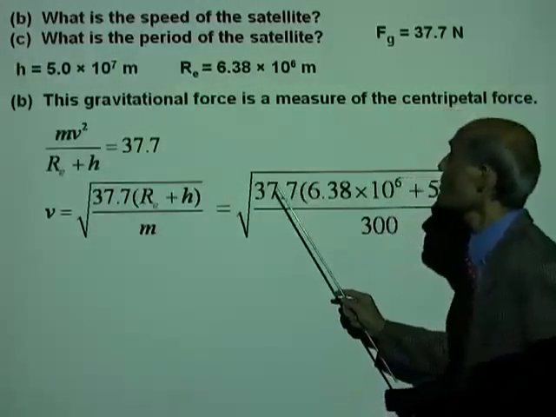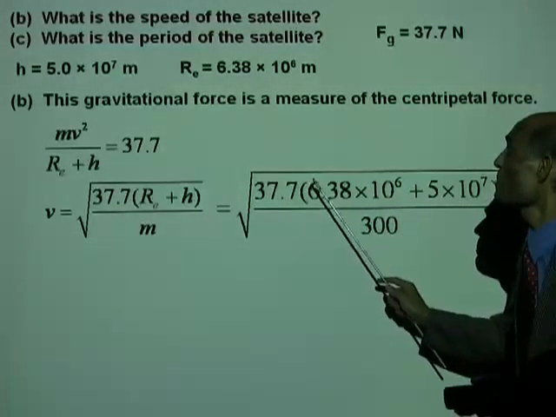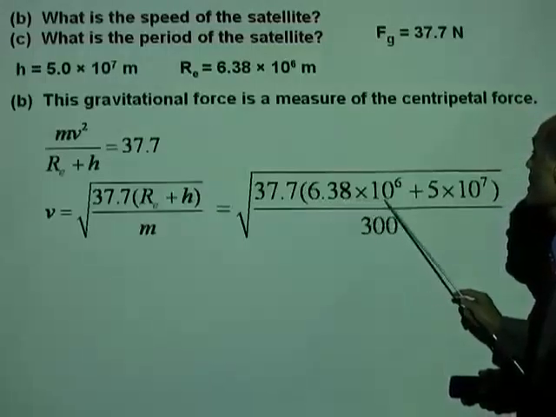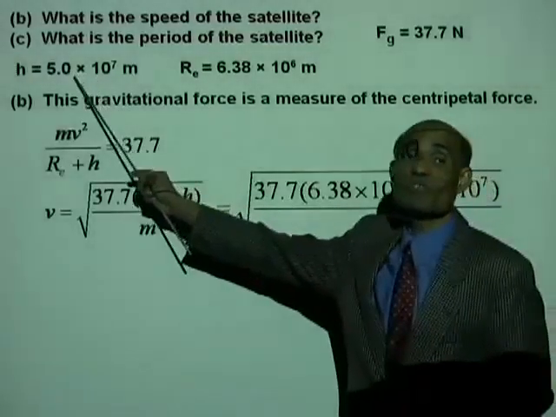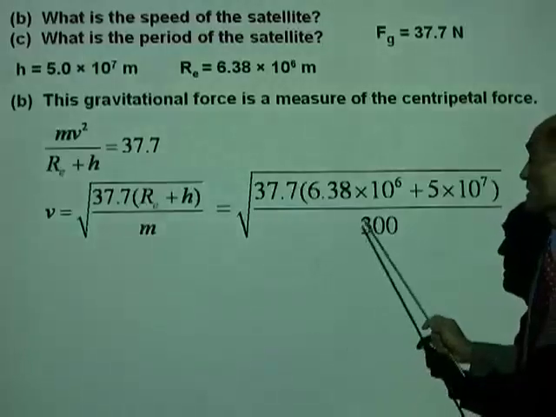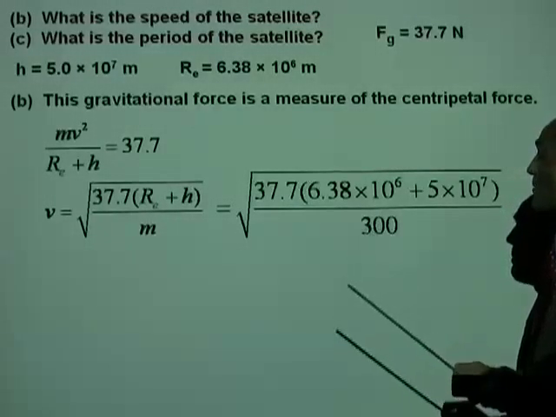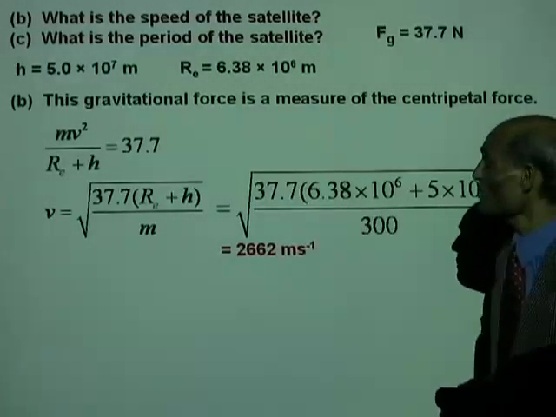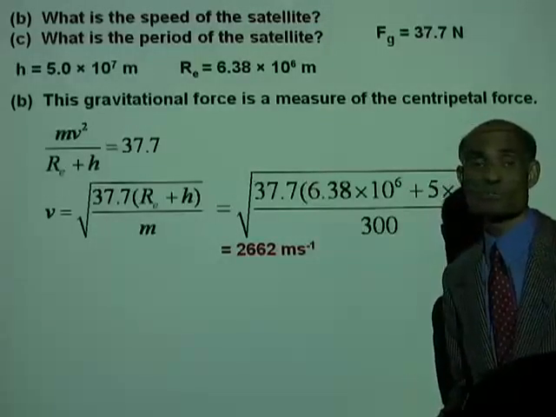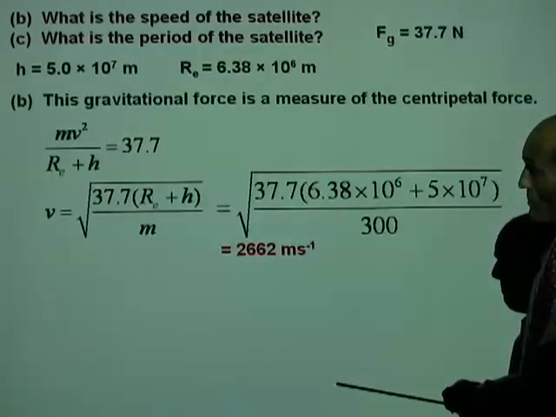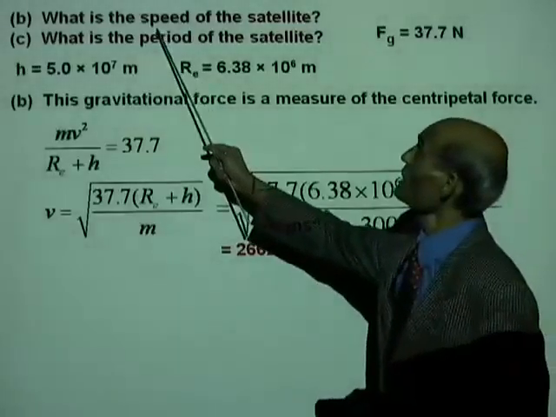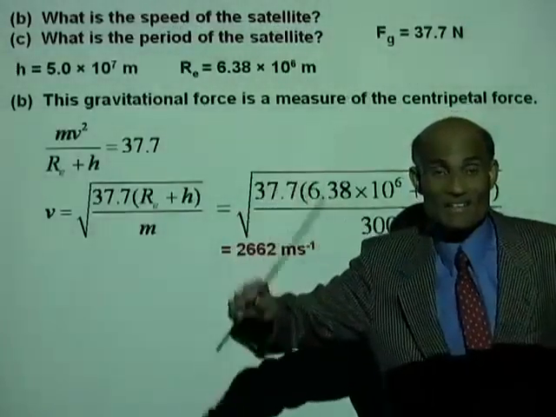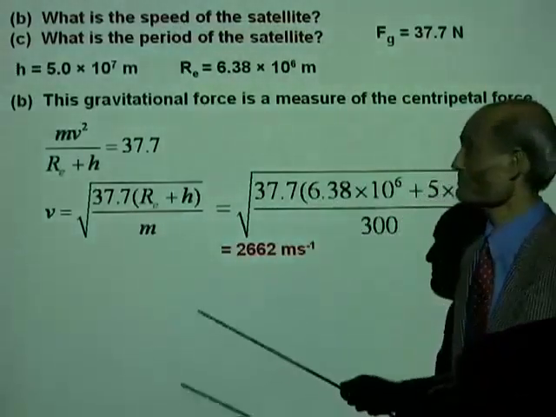So place all those values there. 37.7 times R E plus h, h is 5 times 10 to the 7, divided by m. Alright, and that gives me 2,662 meter per second is the speed of the satellite while in orbit.